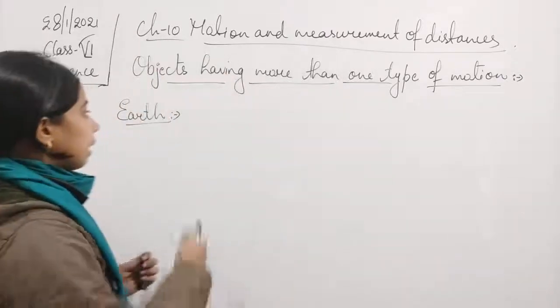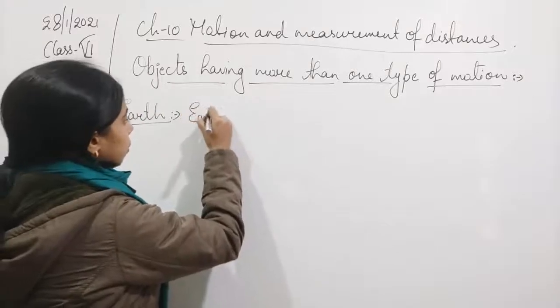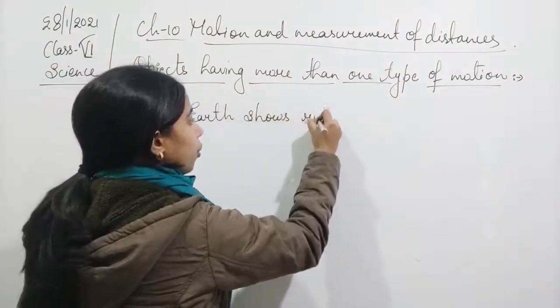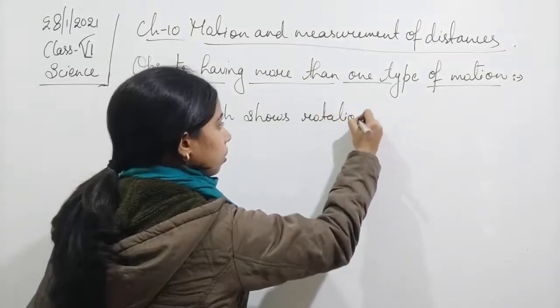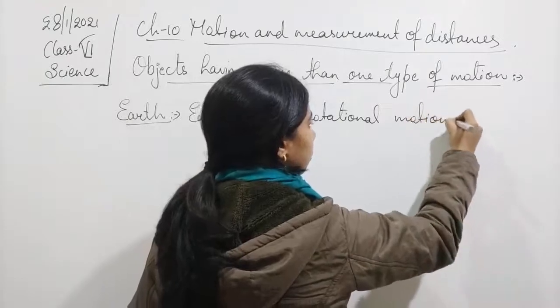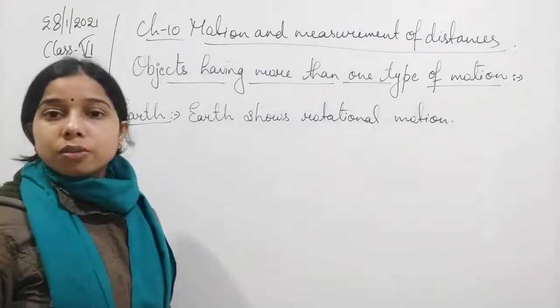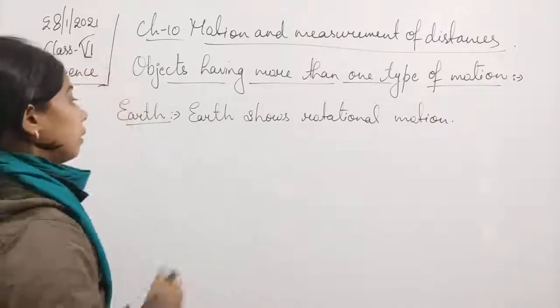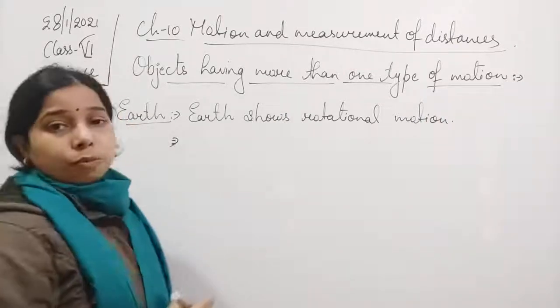So the first thing we can write is that Earth shows rotational motion. This is the first type of motion shown by the Earth.